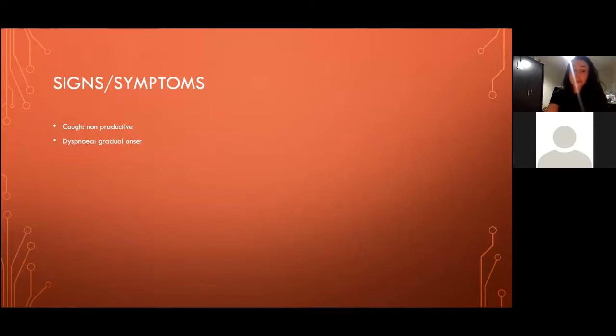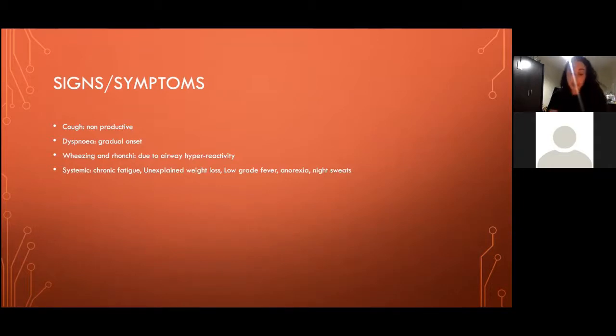Dyspnea, which is of gradual onset. You can also get wheezing and rhonchi, which is due to the airway hyperreactivity. So the lung involvement is generally in about 90% of cases, but in about 50% of cases, it may be asymptomatic and an incidental finding just on a chest X-ray done for another reason.